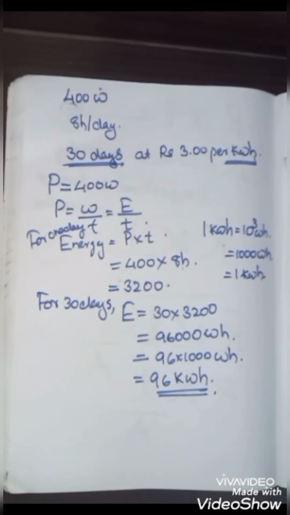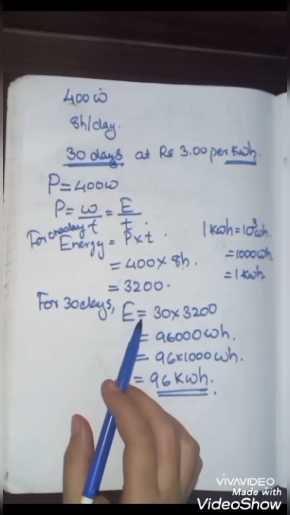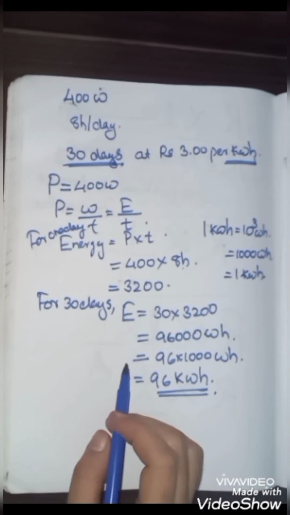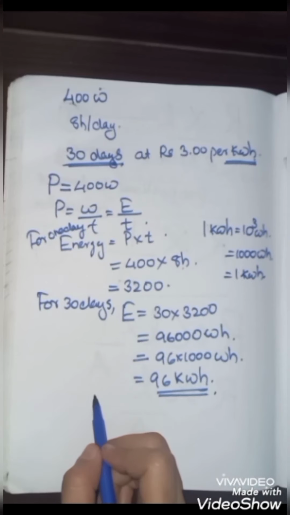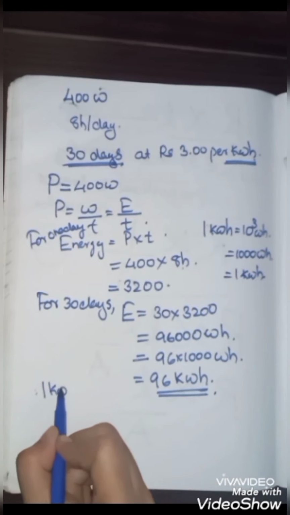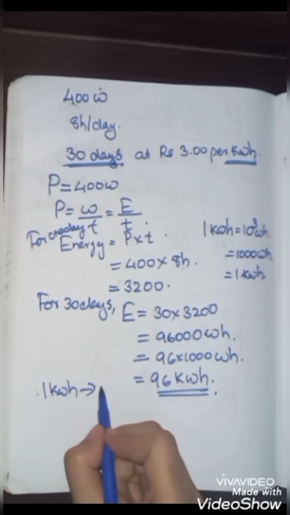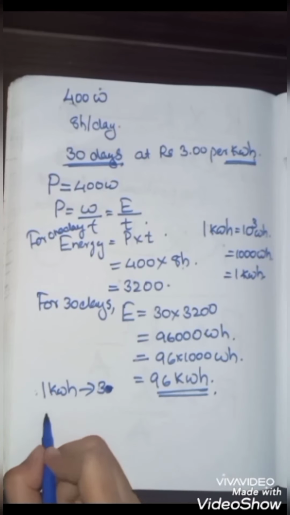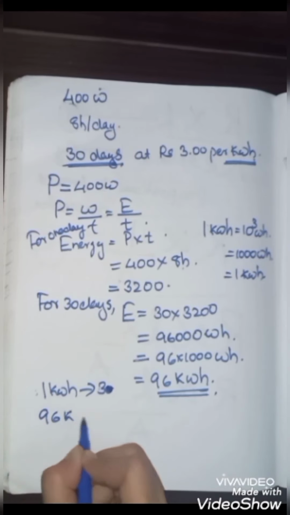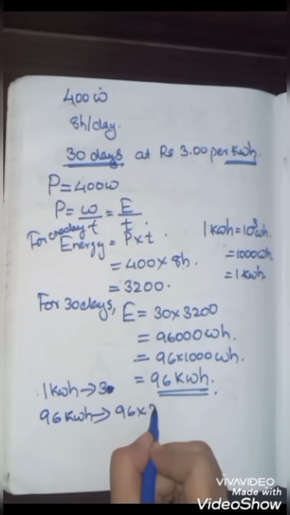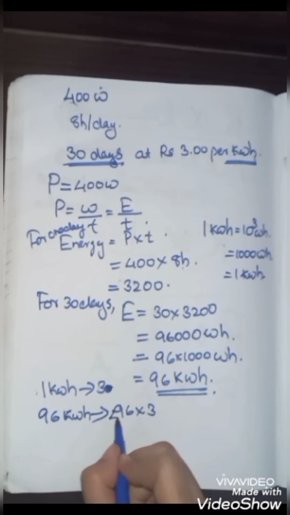Okay, this is the total energy for 30 days. Then we have to calculate the cost of energy for 30 days. For 1 kilowatt hour it costs 3 rupees, and for 96 kilowatt hour it is 96 into 3 rupees.